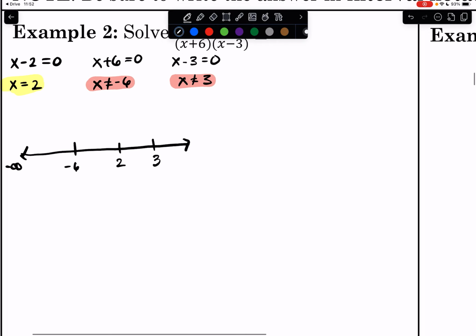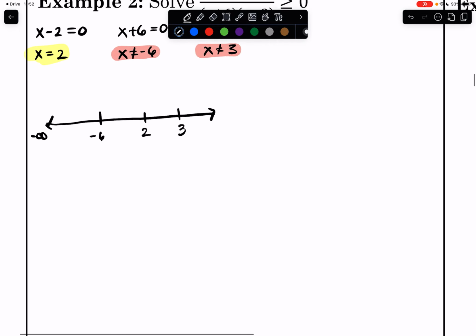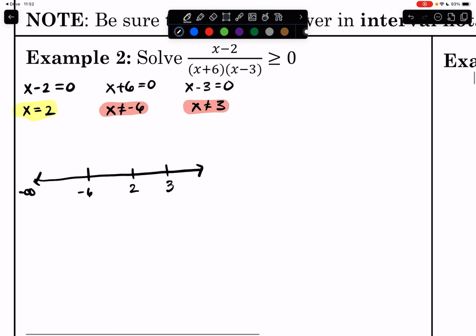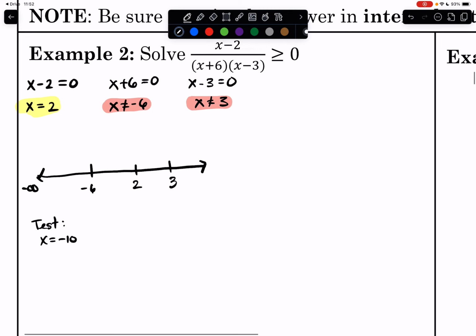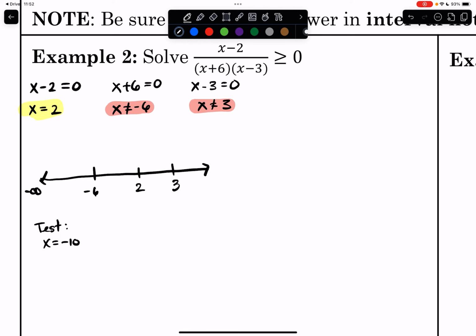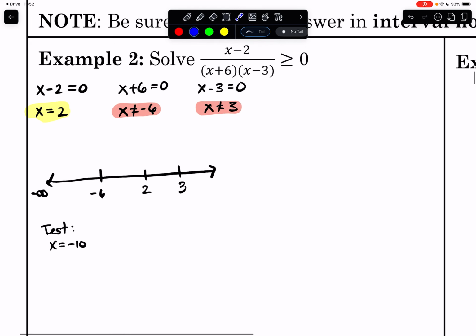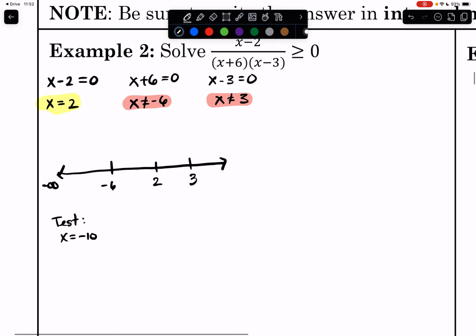And all we're going to do now is simply test the values that fall within that boundary. So between negative infinity and negative 6, I'm going to start by testing negative 10. Using my rational function, I'm going to plug negative 10 into these x values and see if I end up with a positive number or a negative number.